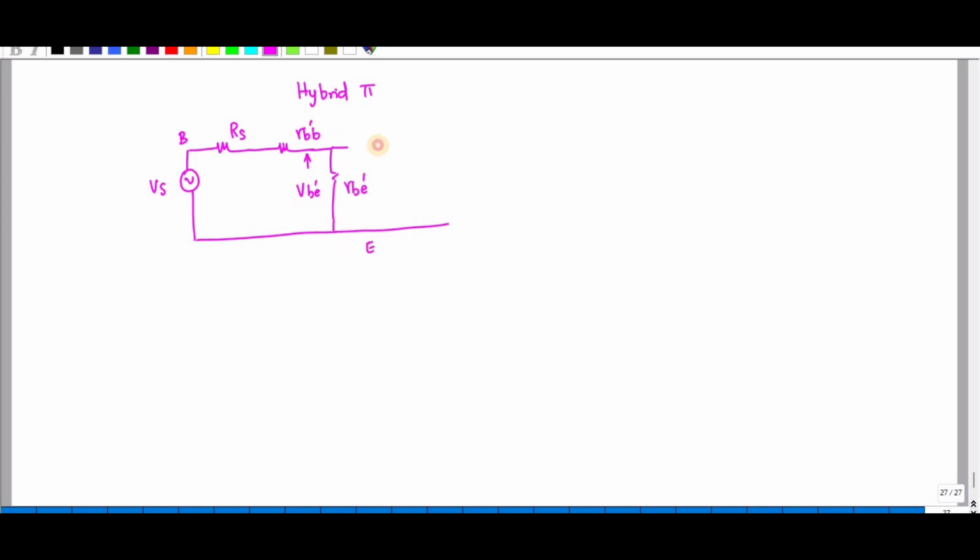This is connected from base to collector, and here you have a capacitor CBC, and GM VBE, which is your gain, followed by GCE. Since this is collector to emitter, this is your collector terminal and this is your emitter terminal, so this is GCE followed by the tank circuit.